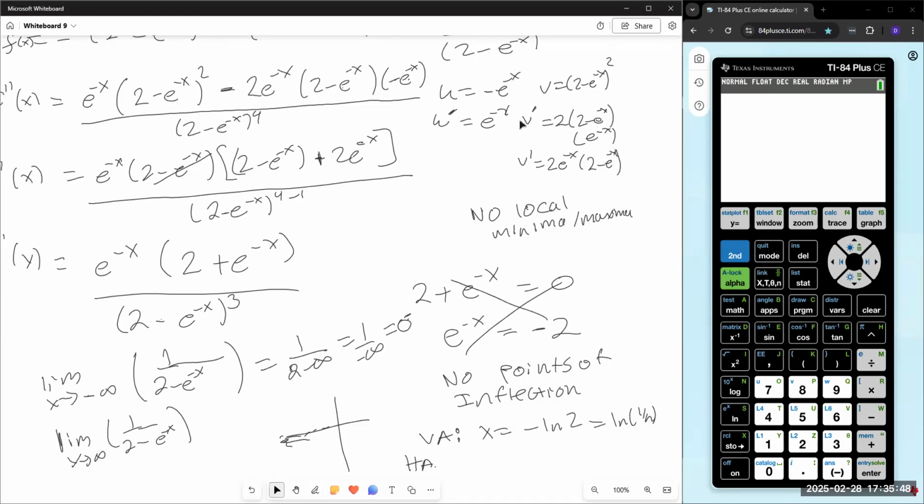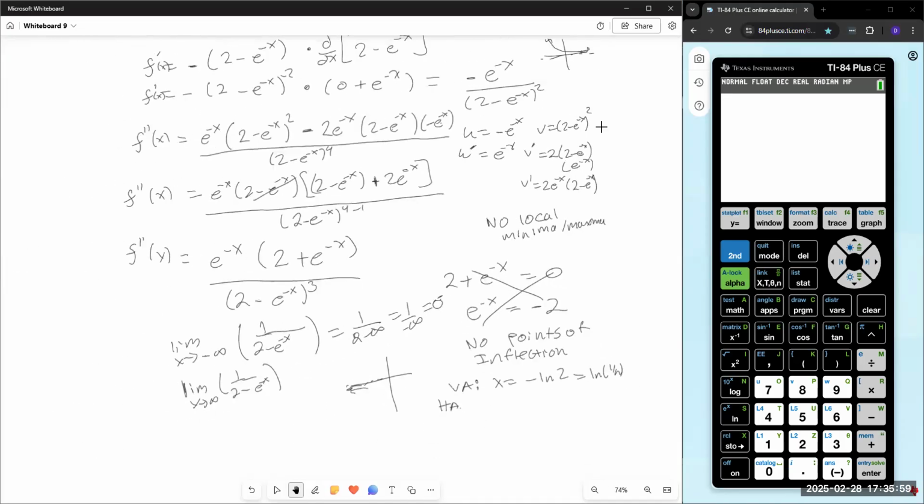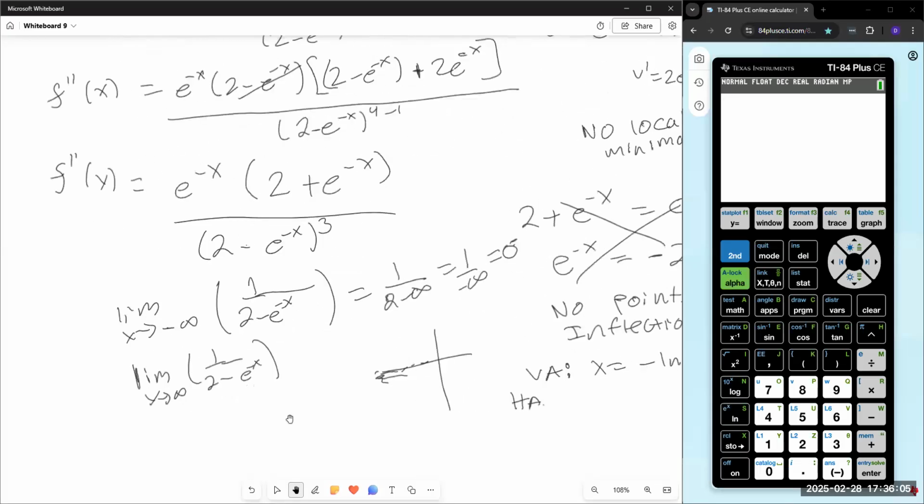And I showed you that e to the negative x has a horizontal asymptote over here on the right-hand side at 0. So this is going to be 1 over 2 minus 0, which is 1/2.